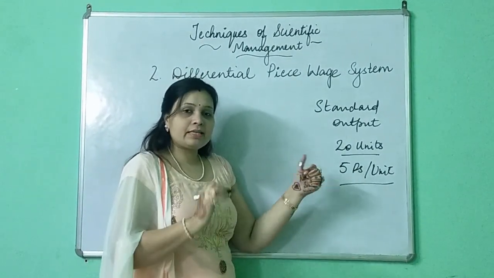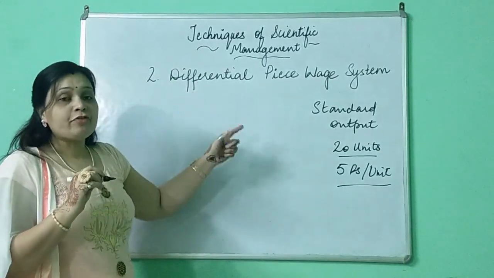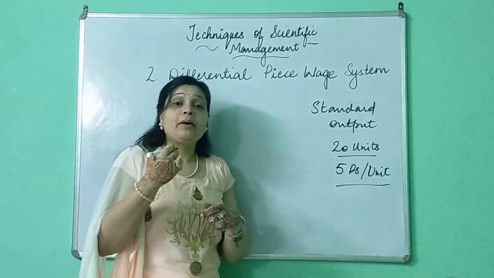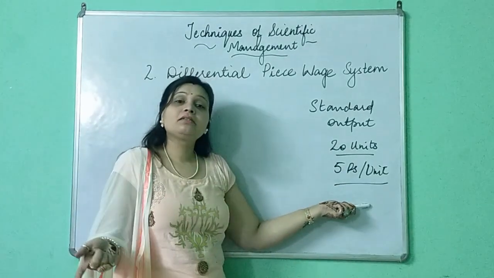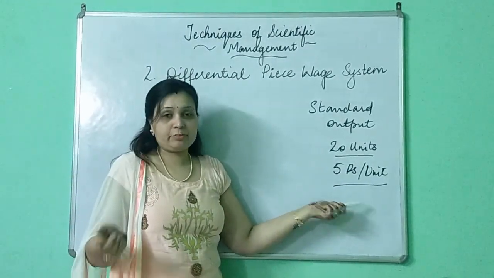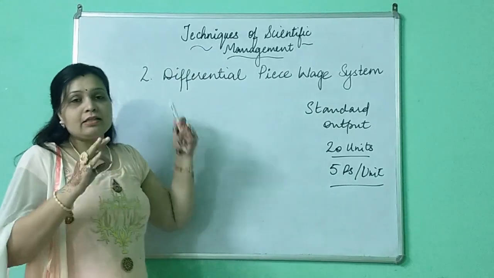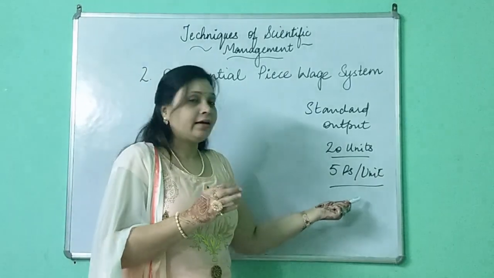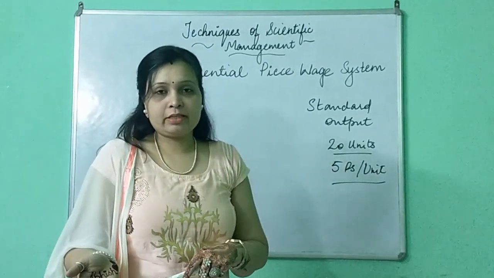But according to this system, a worker producing 20 or more should be paid at a higher rate than less efficient workers, because there should be some differentiation. So this technique says there should be a difference between the rate at which an efficient worker and an inefficient worker are paid.